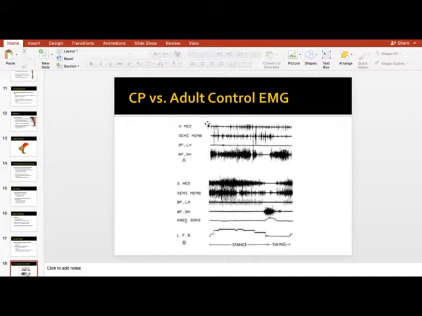But here with the gluteus medius and the semimembranosus, there's no real time where the muscle is off. Now, granted, the intensity of the signal is much less here than it is for the individual who does not have CP, but it seems as though this muscle is always firing and this muscle is always firing.